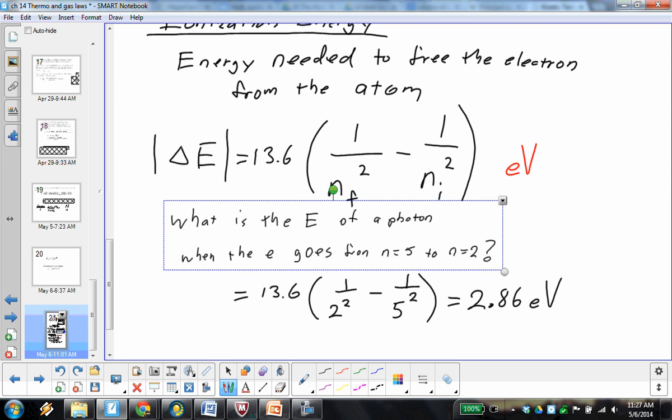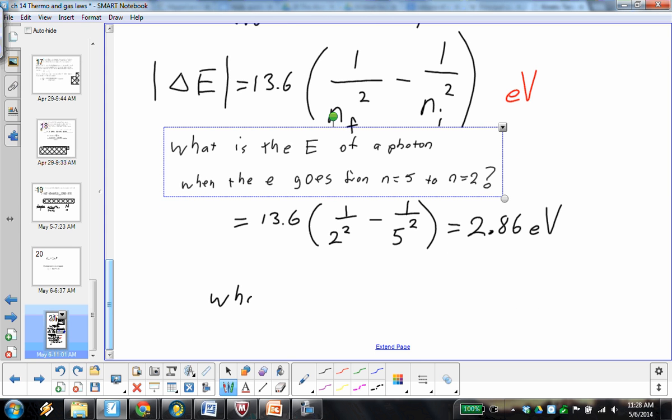You actually don't really need any of the constants when you use this equation, although if you wanted to, we could certainly make it a bit more complex and derive from there, but we don't want to. So we have 2.86 electron volts. Now what I want to know is, what is the wavelength?